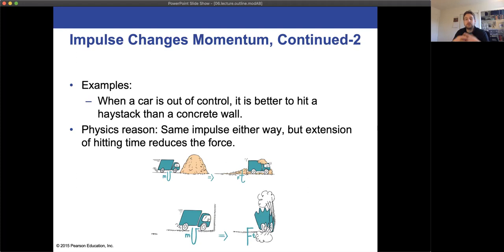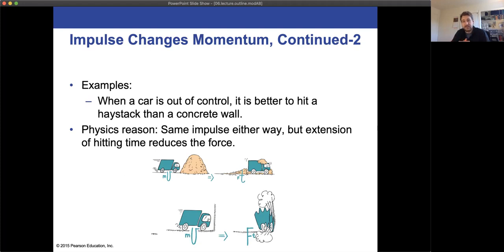But the truck was going the same speed at the beginning either way. So we have the same mass and velocity at the beginning, and we're going to reduce that to zero. We want to stop the motion of this car that's out of control.